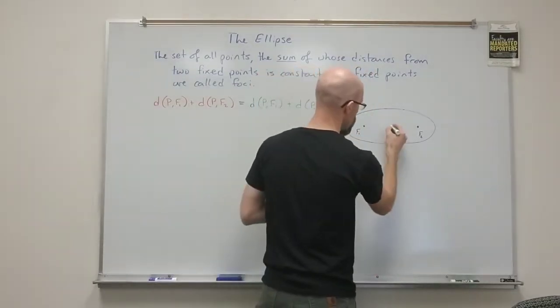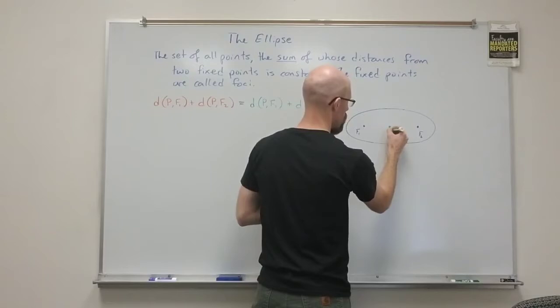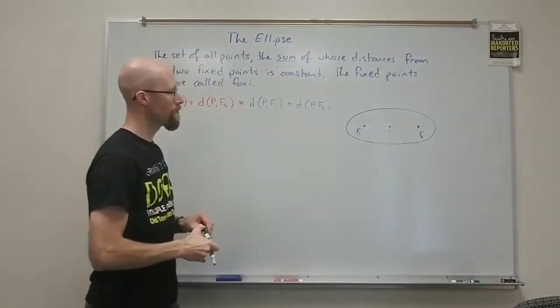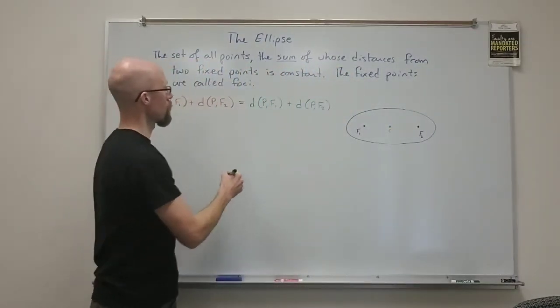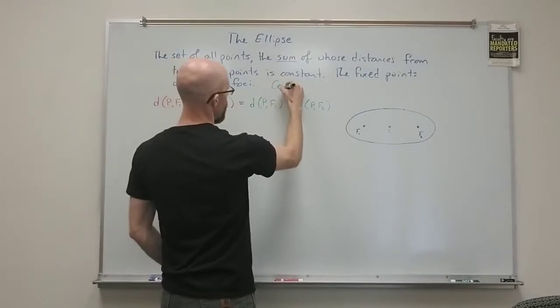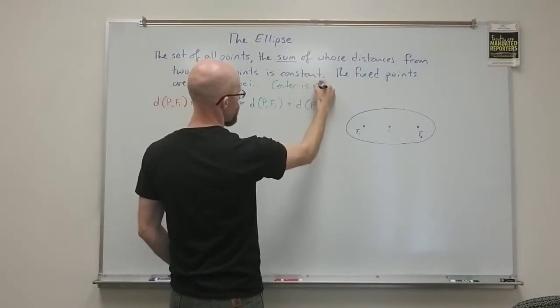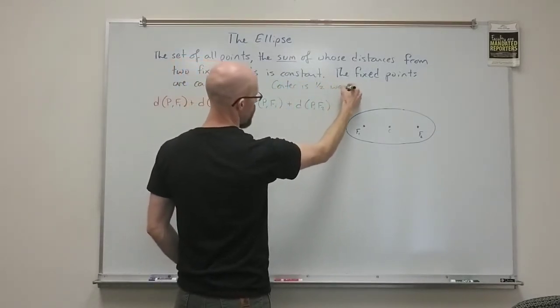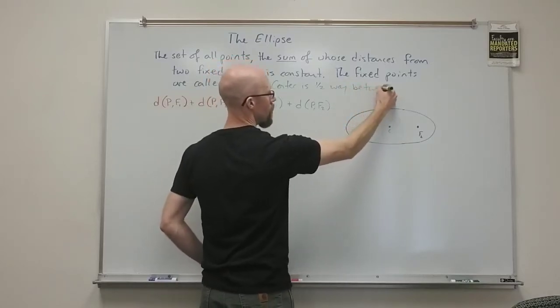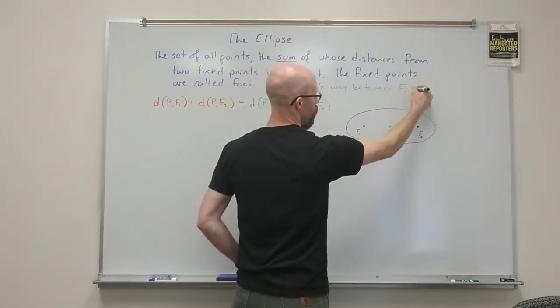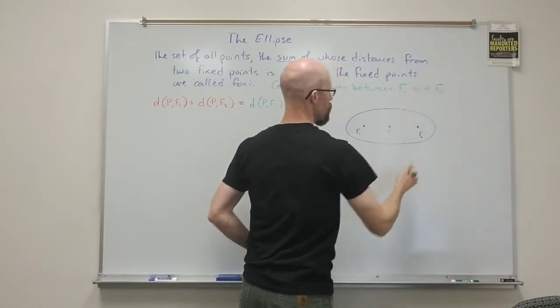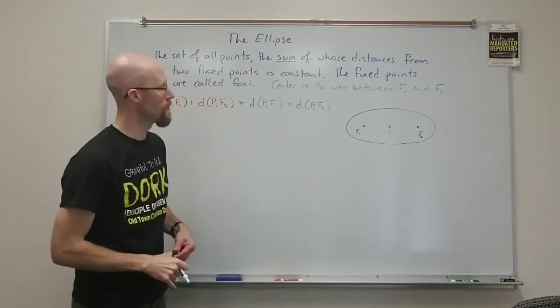So, right there, we're going to call that point C, and so the center is halfway between F1 and F2, between the two foci, all right?